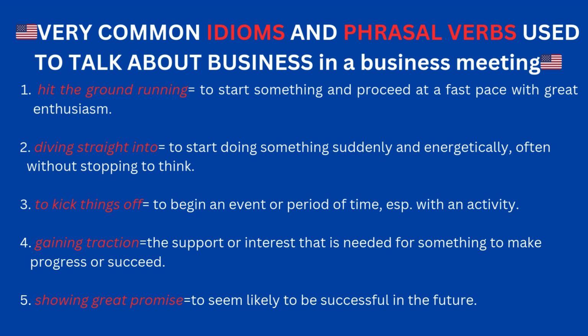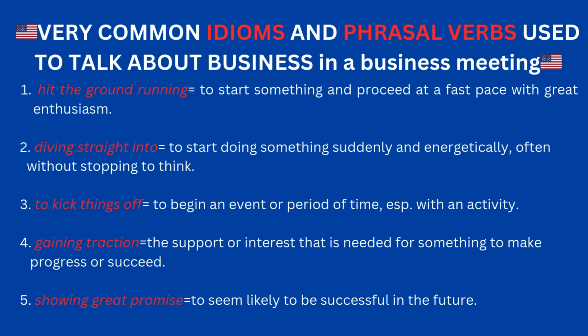Number four, gaining traction. This is support or interest that is needed for something to make it a success, and that it shows progress. So if something is gaining traction, it's gaining more attention, it's gaining more positive quality, and so therefore it's becoming more viable. It's improving.